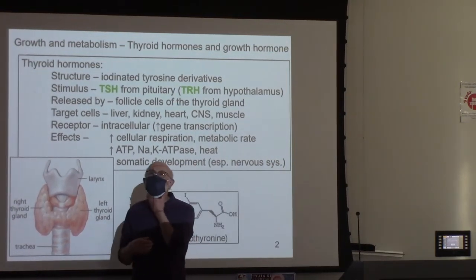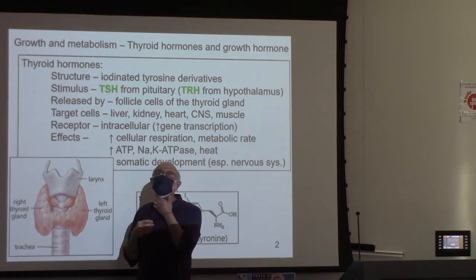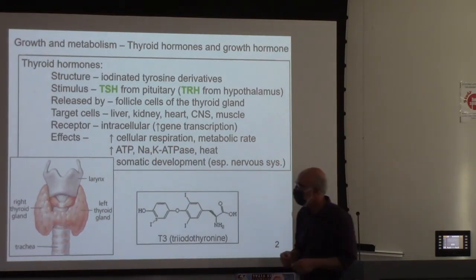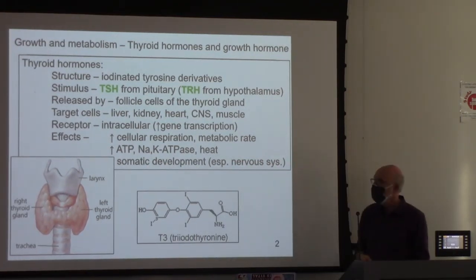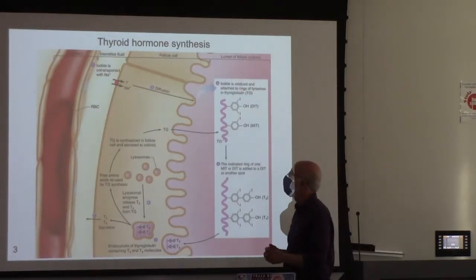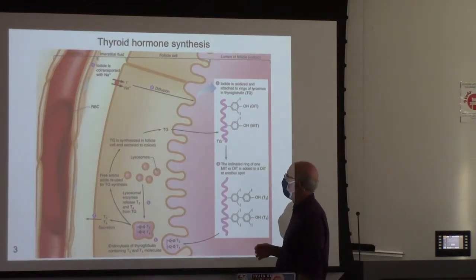The thyroid gland is here in the throat, wrapping around your trachea. The production of thyroid hormones is an interesting story that I want to tell. So, where to start?